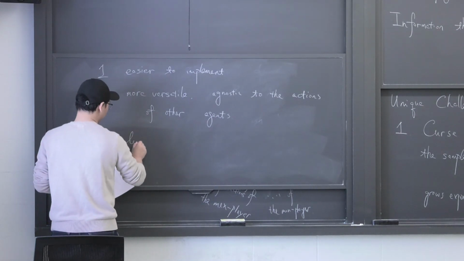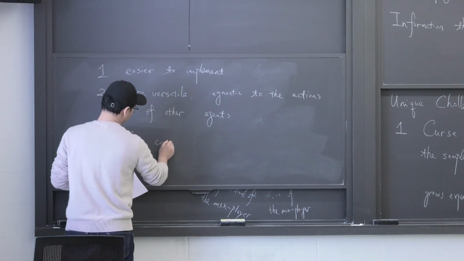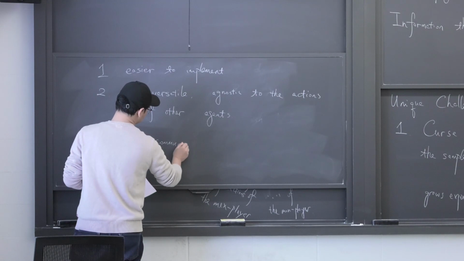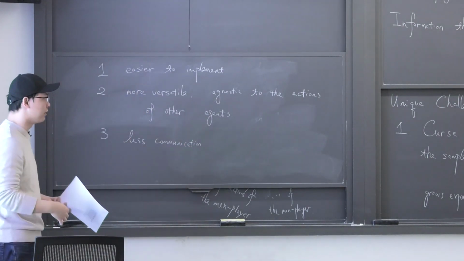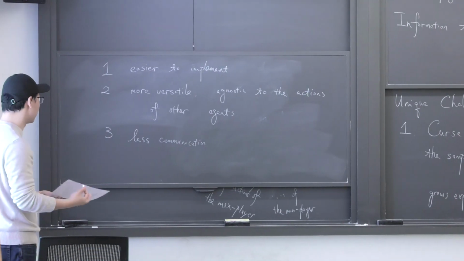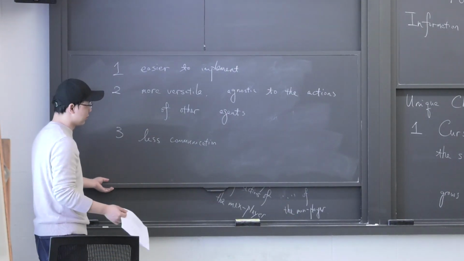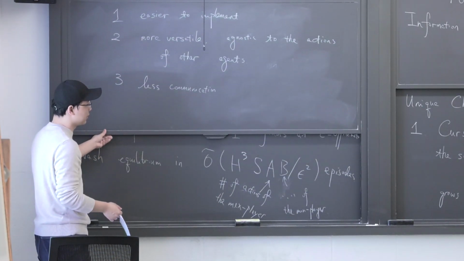Finally, it just has less communication. Because there is no centralized solver and each agent just runs their own algorithm, we don't require a lot of communication. Actually, there's no communication, so this is also a lot faster.